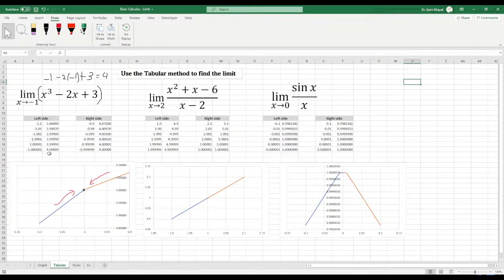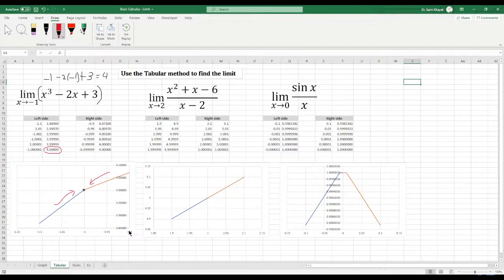Okay, that's how it works. Now you can see from here, I am approaching 4. If I come from this direction and don't reach 4, it means the limit does not exist. But let's see.